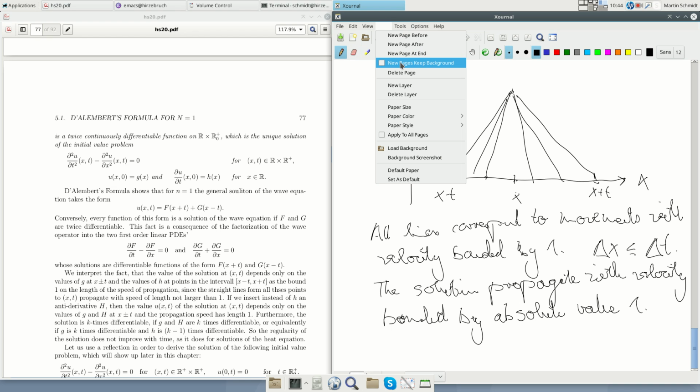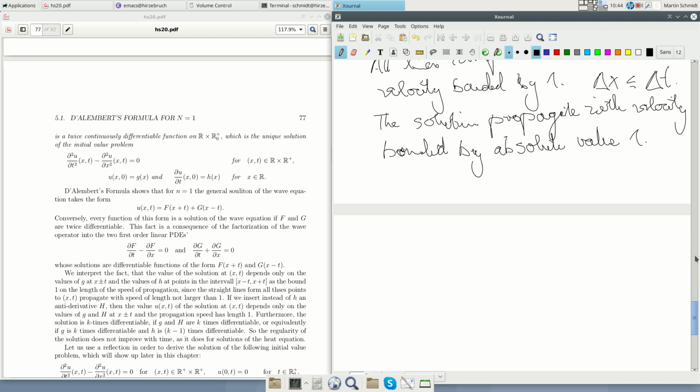So u of x and t was an integral over a front factor 1 divided by (4 pi t) to the power one half, times the exponential of minus (y minus x) squared divided by 4t, times f of y dy.